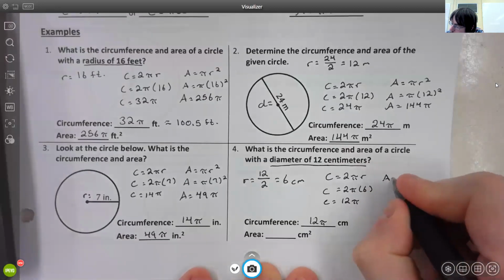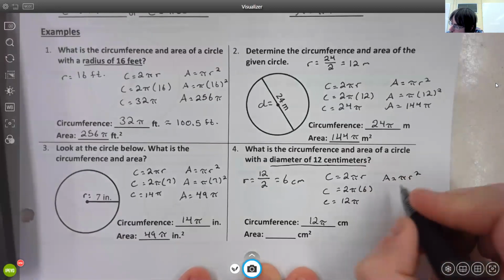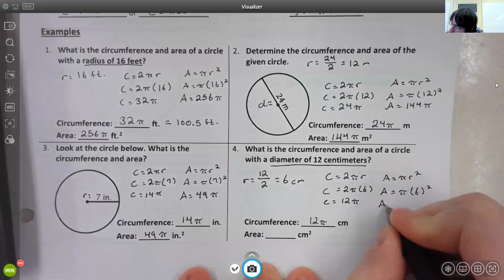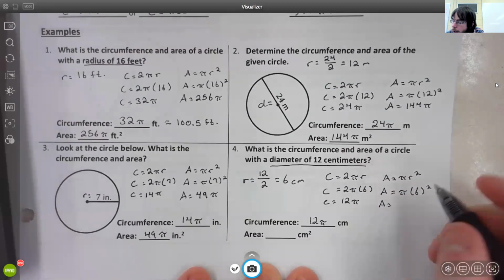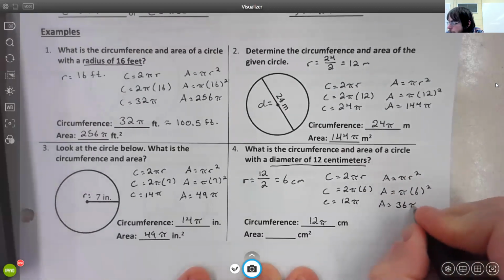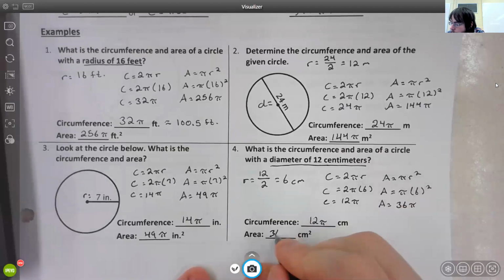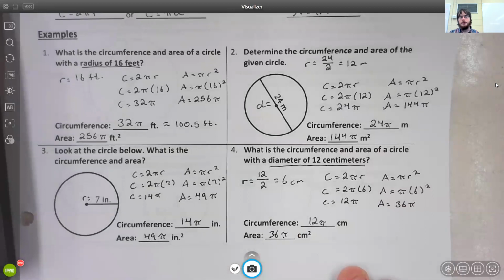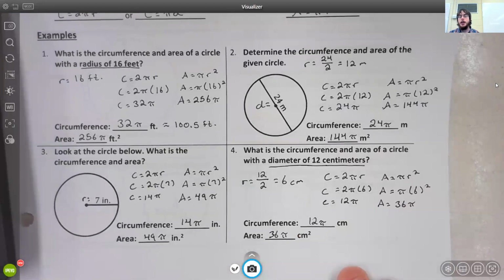Our area is given to us by pi r squared. So we plug in r, which is 6 squared. 6 squared is 36. The pi drops down, so our area is equal to 36 pi. Okay? And that's how we determine the circumference and area of circles.